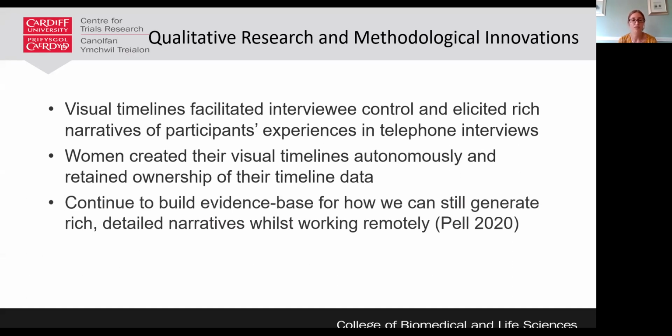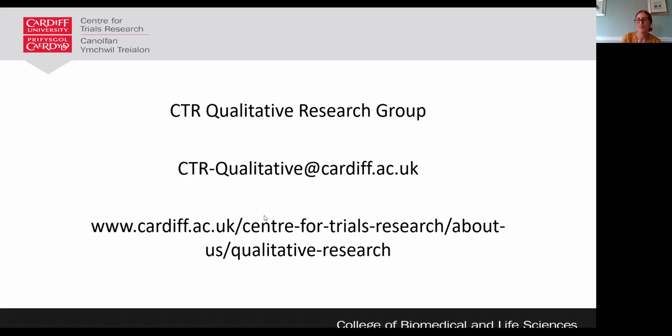And we feel that this method is particularly timely, given that in COVID-19 times, so many researchers are having to move to collect research data remotely. So we will continue to build an evidence base on how we can still generate these rich and detailed qualitative data whilst working remotely. So that's work in progress. And that is my last slide.